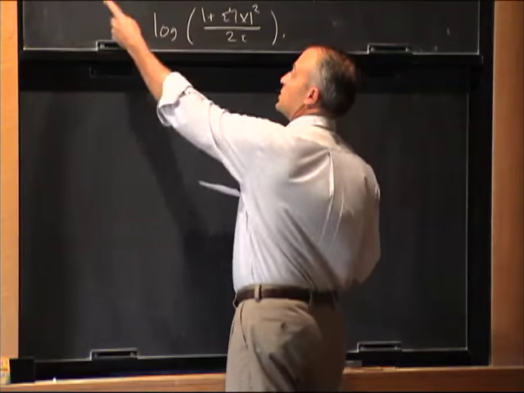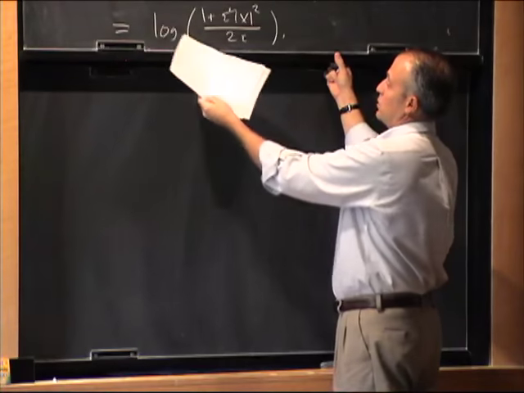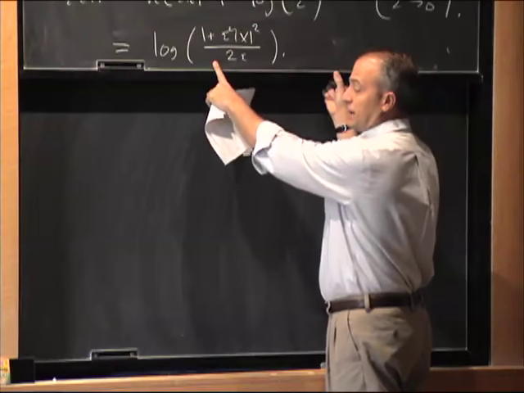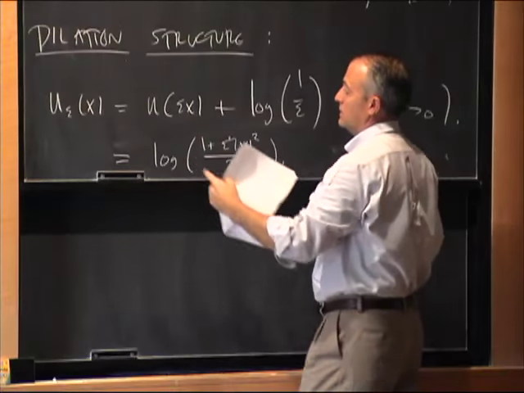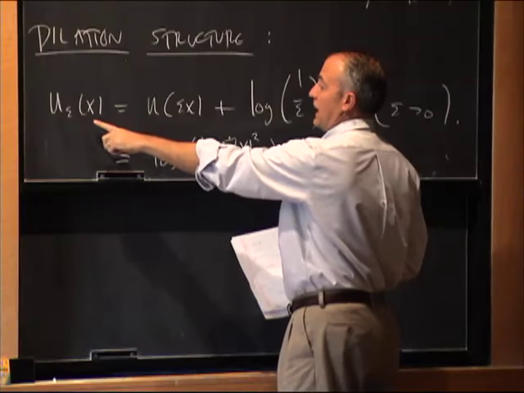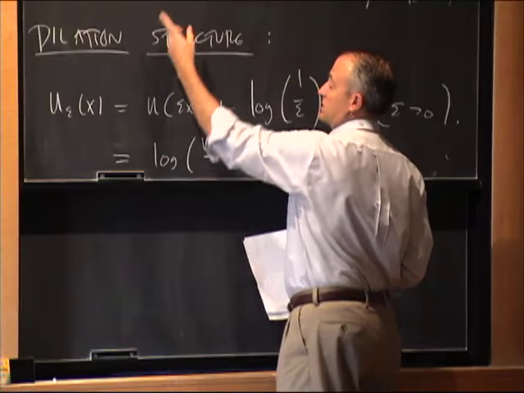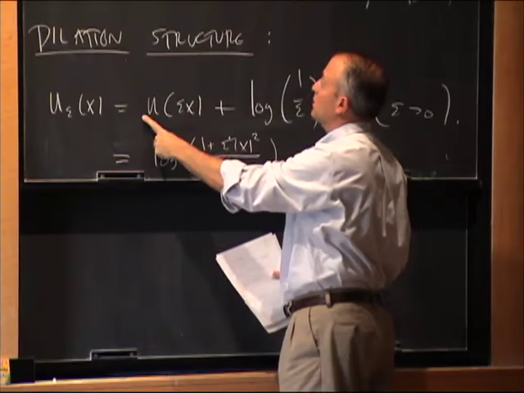So this is also going to be a solution of the equation. Why? Well, there are two ways to see this. One is, of course, just plug in the explicit formula you have here and check. But the better way to do it is to think about the dilation structure. If I check to see if u epsilon is a solution, here's the Hessian. When I differentiate twice, I'll get a factor of epsilon squared out.